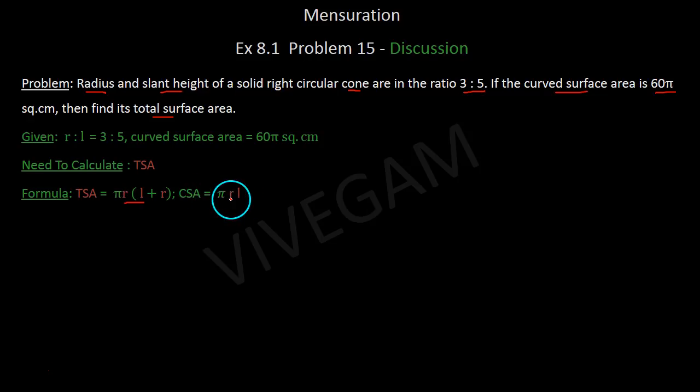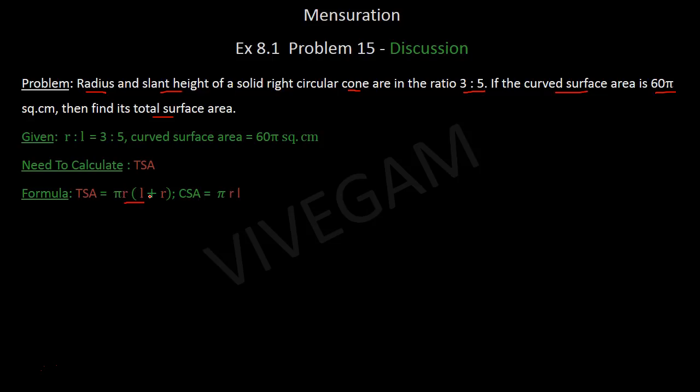Once you solve that equation, you will get the value of y. Once we get y, we can calculate the radius, which is 3y, and the slant height L, which is 5y. Once we know the radius and slant height, all we need to do is substitute those values in the TSA formula. It's a little difficult, but it's not unmanageable. We should be able to manage it.